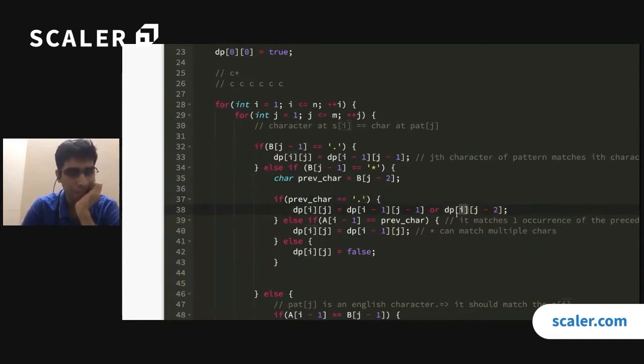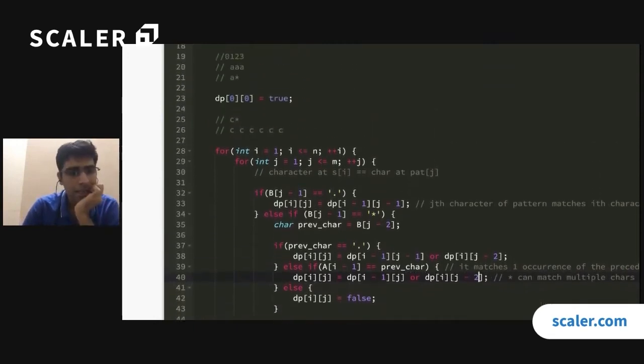This makes sense. Okay. Now in this case I say if a minus 1 is equal to the previous character, then either I will like to match it, and then the problem reduces to this, or I will not like to match it, right? Or I will say that I don't want to match it, which is equal to dp[i][j-2].